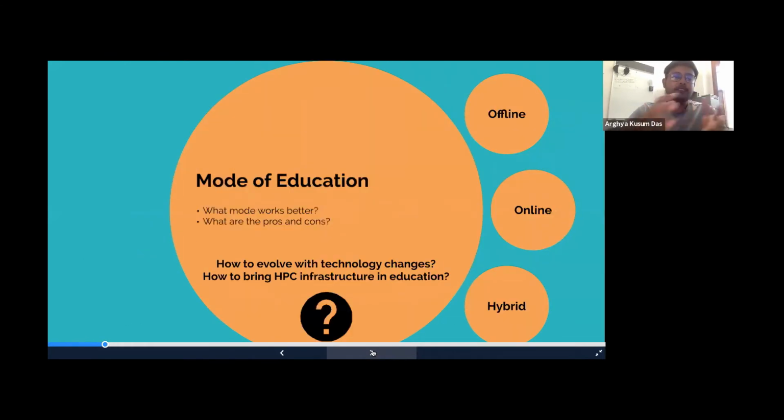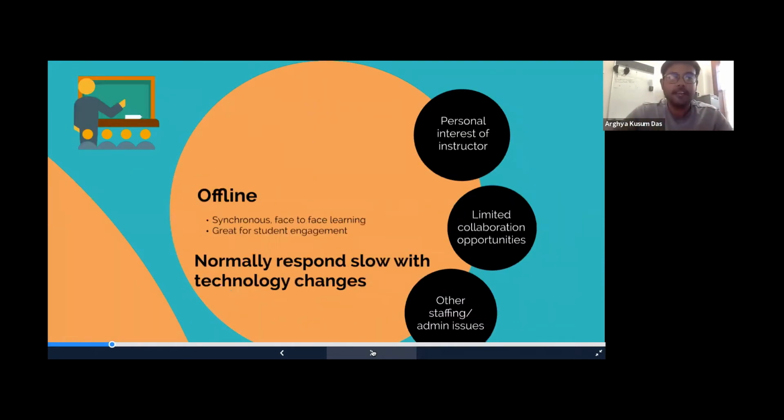Now if we look at the mode of education, how to teach all these different technologies, we will see that the traditional offline mode is still there, like synchronous face-to-face learning. But there are some problems in traditional learning. It totally depends on the personal interest of the instructor.